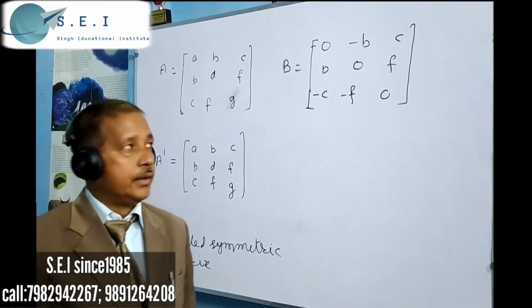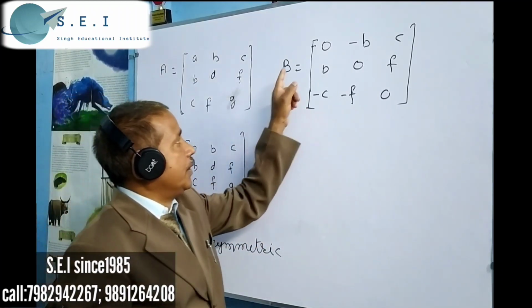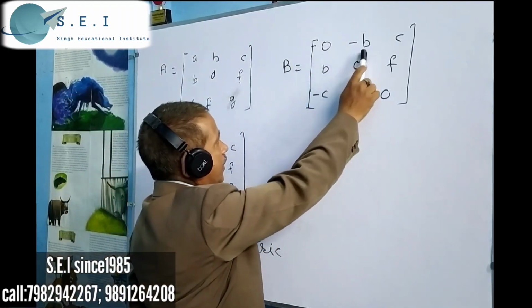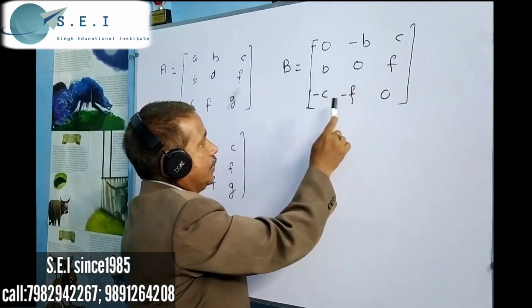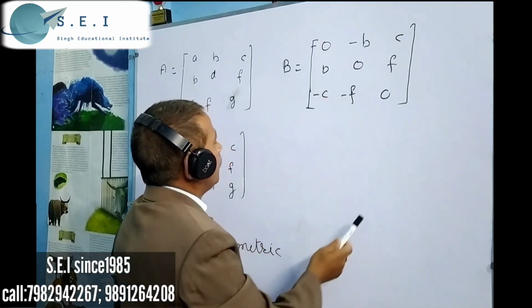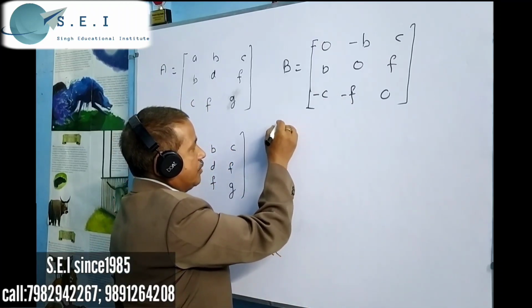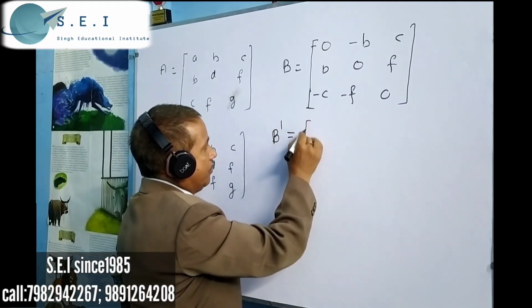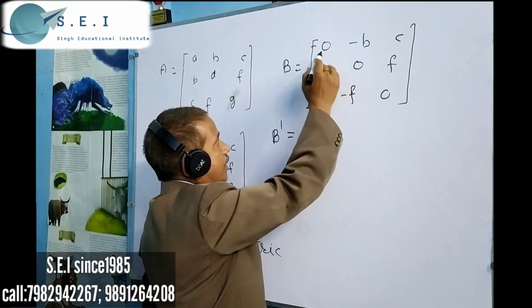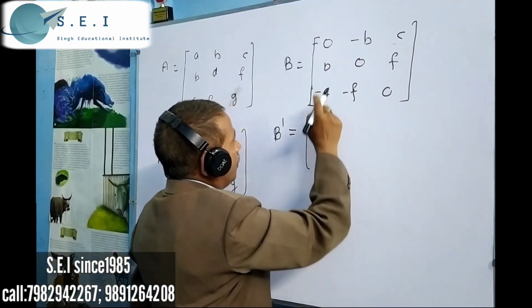Now let us take another example of matrix B, whose elements are 0, minus b, c, b, 0, f, negative c, negative f, and 0. Now find out the transpose of matrix B, which is obtained by transforming rows into columns correspondingly.